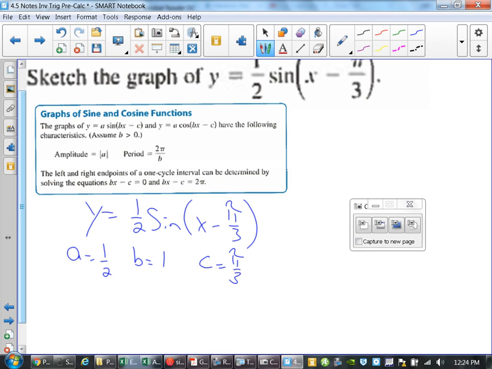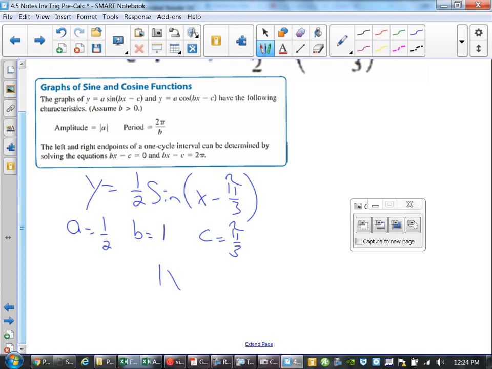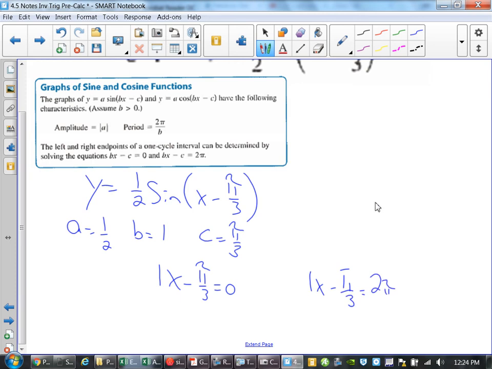So the left and the right endpoint for the period are going to be at 1x minus pi over 3 equals 0, and 1x minus pi over 3 equals 2 pi. You're going to solve both these equations for x to get your shifted period.